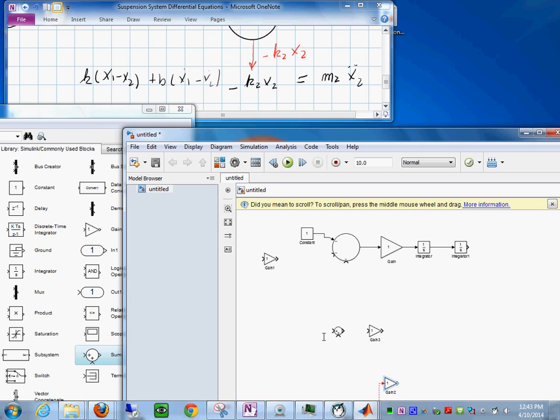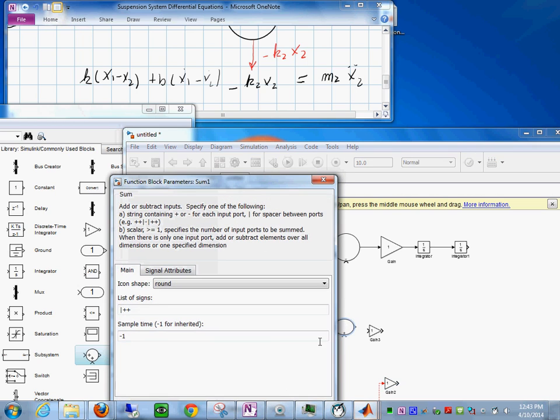How many terms? We have three terms also, so we need to do this three here. Very good.